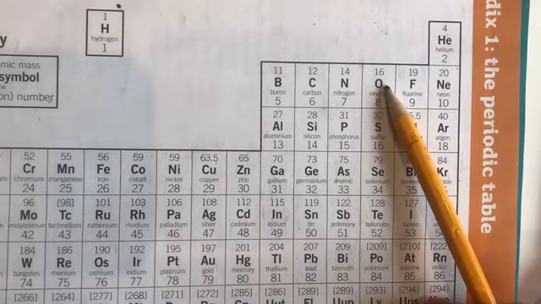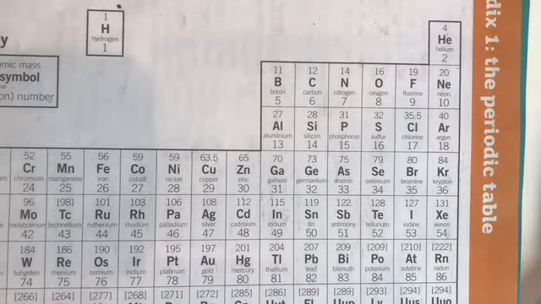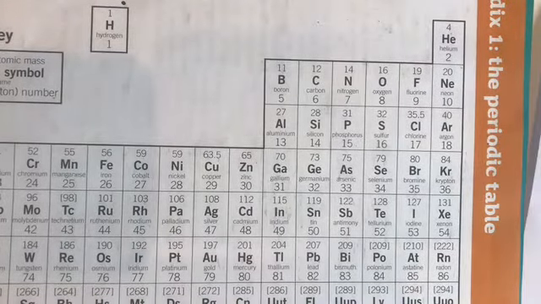Right, okay. Now you will notice, I hope, that oxygen is in a different period to the other ones. So if oxygen is in a different period to the other ones, then that is going to be significant. So all of these, they're outer electrons.